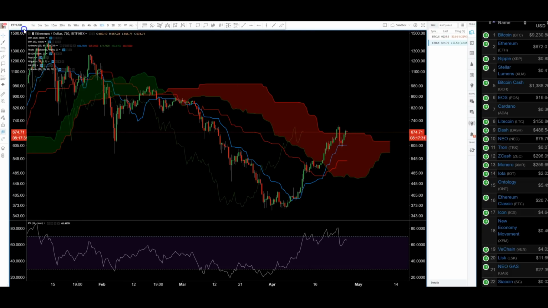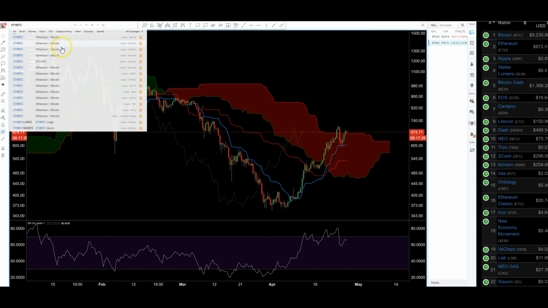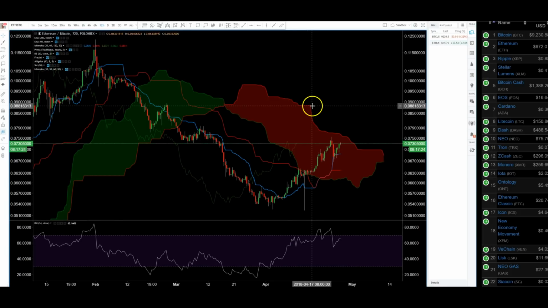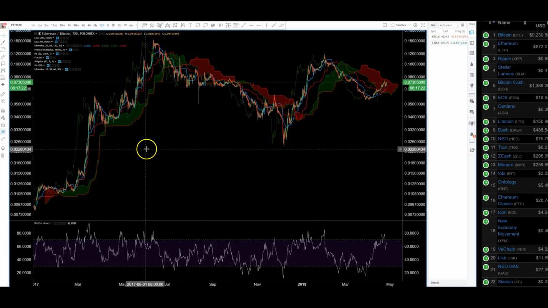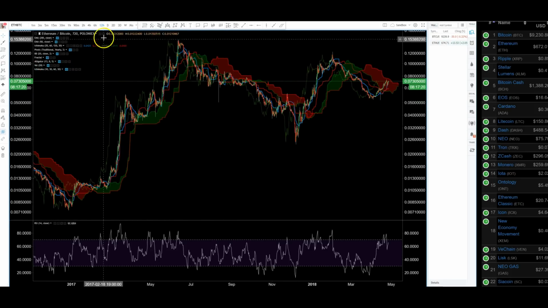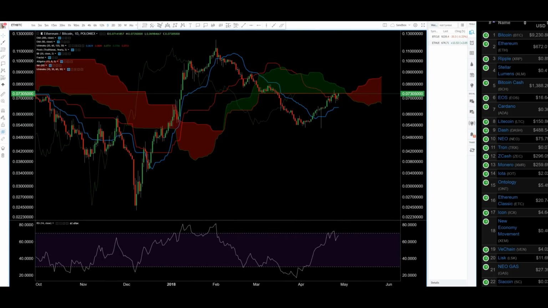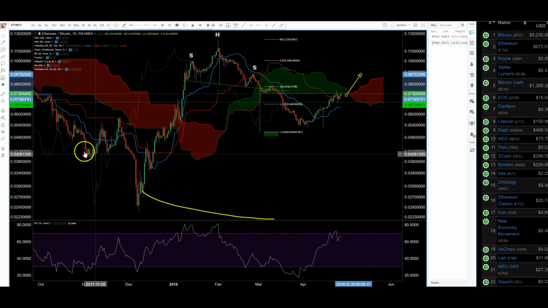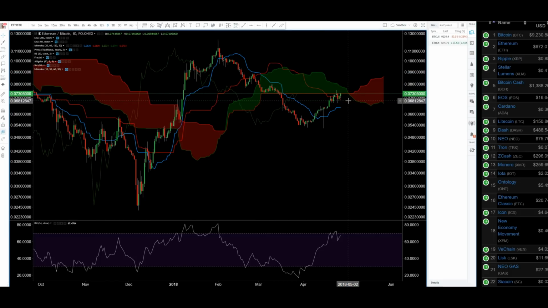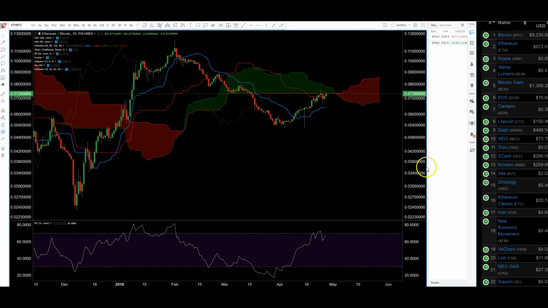Okay, let's check out this pair. I like Polo for this just because there's more data. It goes back since wherever. We go to daily, and we're seeing this possibility of a Kumo breakout through the Kumo twist, something lots of people have talked about, including myself.